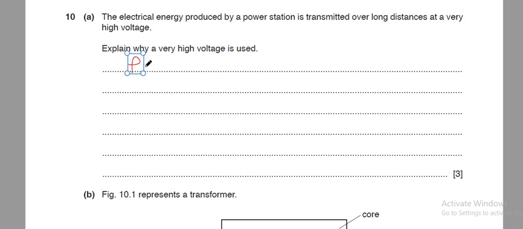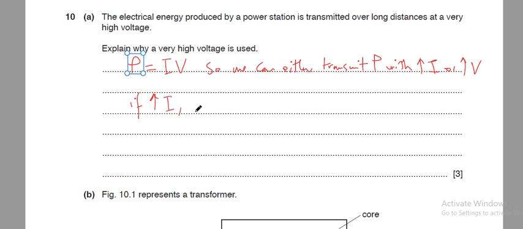Because we know that power is equal to I times V, so we can either transmit power with high I or high V. If high I, power loss will increase because power loss equals I squared times R. So we choose the high voltage.